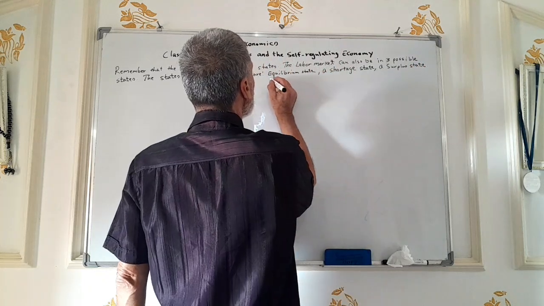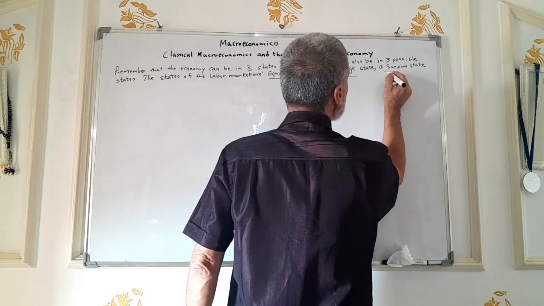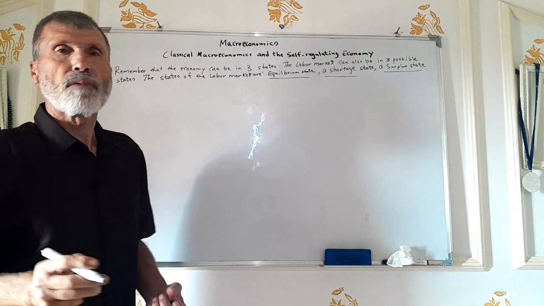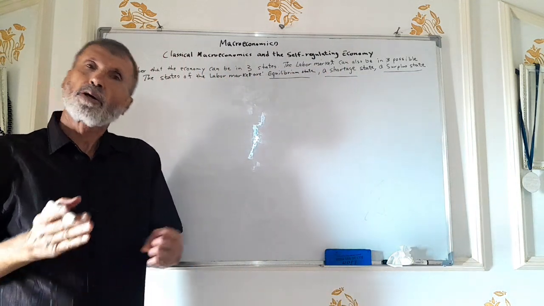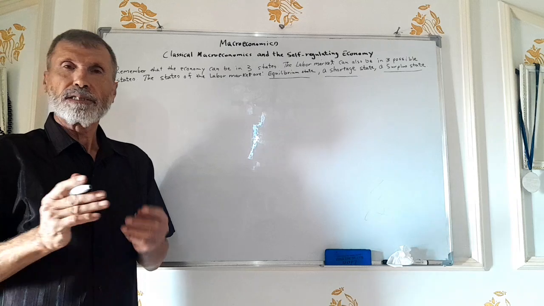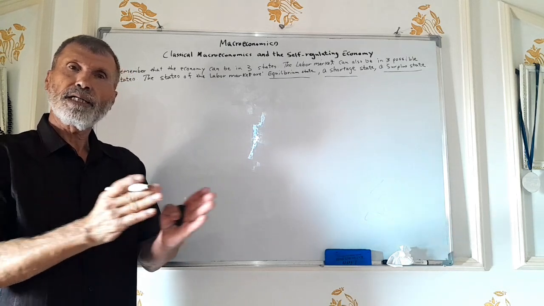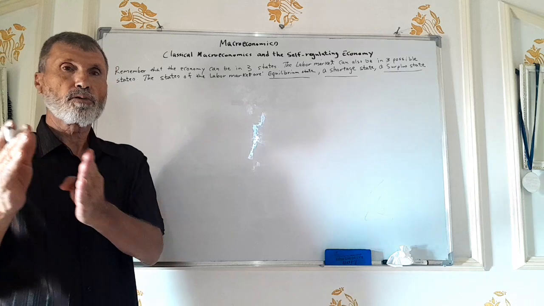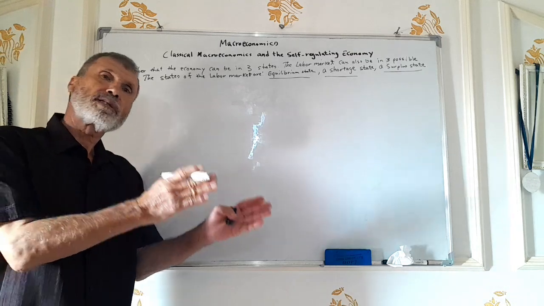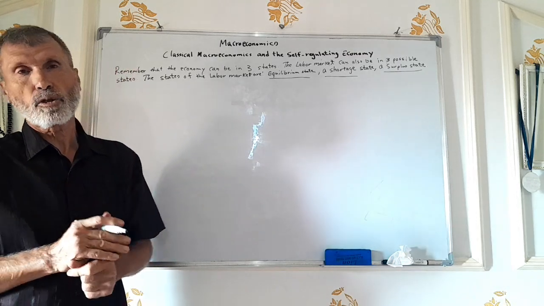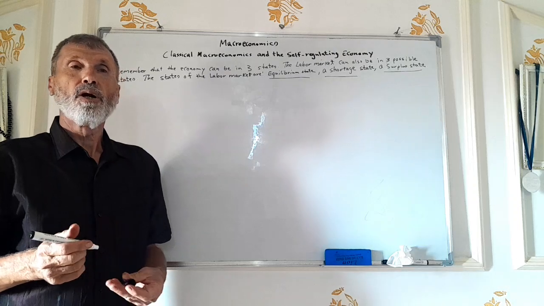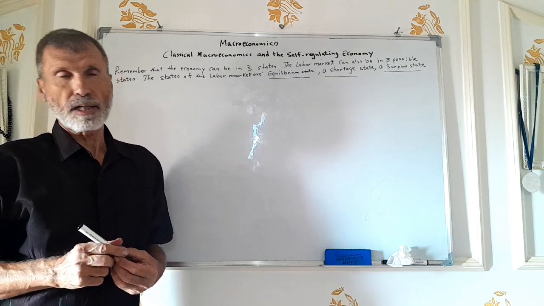So here we're going to, of course, discuss these states. The labor market is like the goods and services market. The goods and services market, of course, can be in three states. Could be in an equilibrium state, in a surplus state, or in a shortage state. Same thing, of course, goes with the labor market.